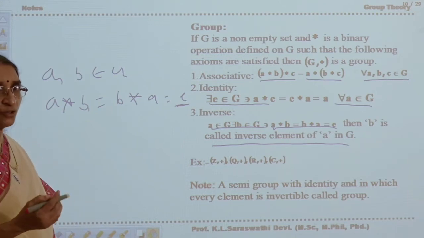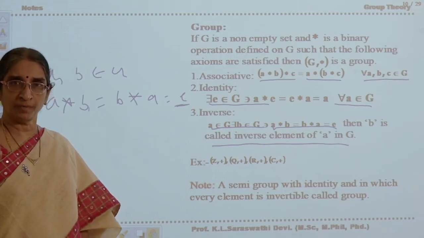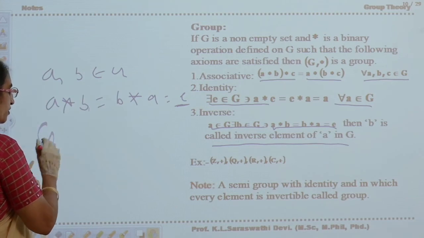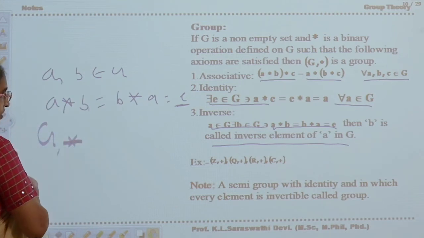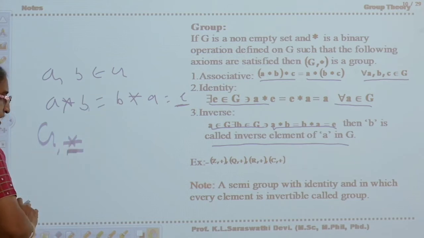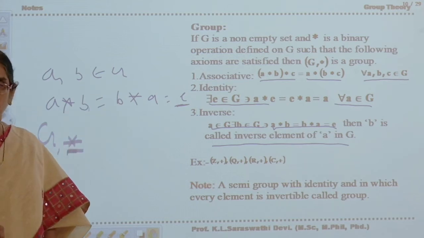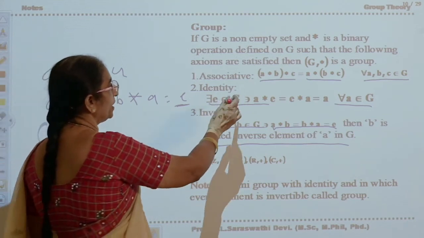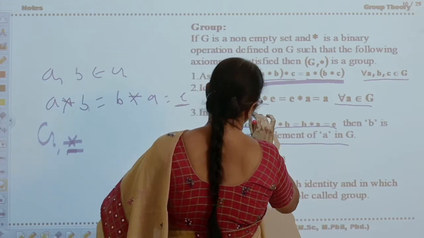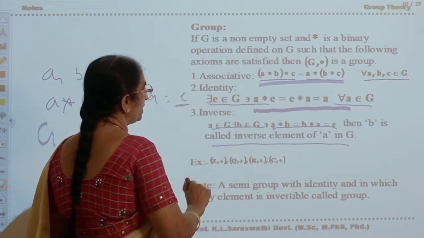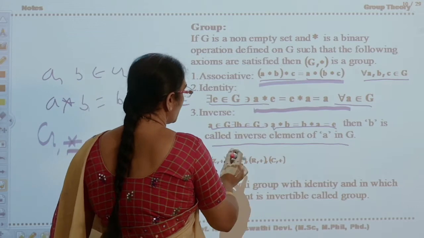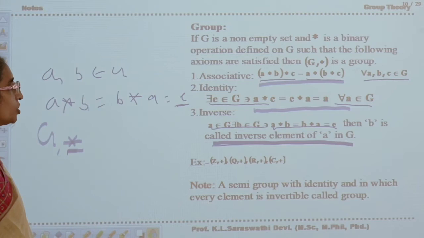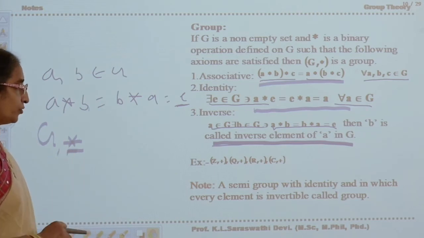Now this is the group definition. When will you say that it is a group? If any algebraic structure or any non-empty set G equipped with a binary operator star satisfies the closure property, the associative property, and the identity property, that is there exists an identity element in the set, and there exists an inverse element for every element of the set, then G is said to be a group.